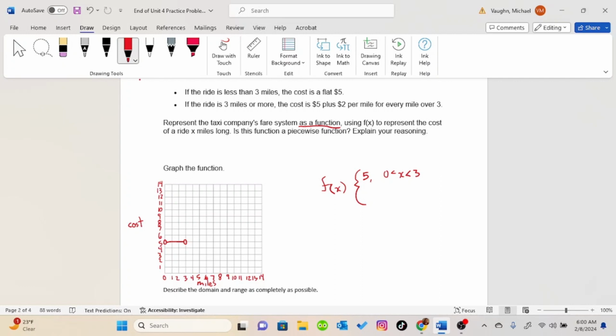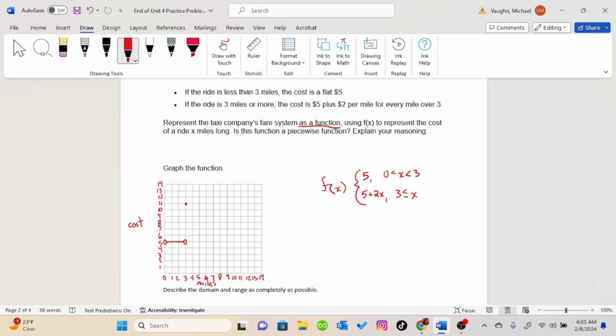Then it tells us the cost is 5 plus $2 per mile when it is 3 less than or equal to x. So now these values, if this were a 3-mile trip, it would cost 3 times 2 is 6. 6 plus 5 is 11.